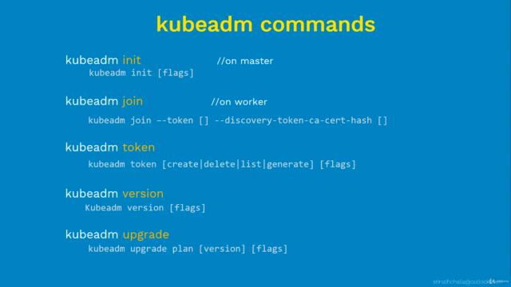So these are some of the commands related to kubeadm, and there are some more available on the website. Overall, you might want to focus more on kubeadm init and kubeadm join in this video. So with that, let's move on to the next slide.